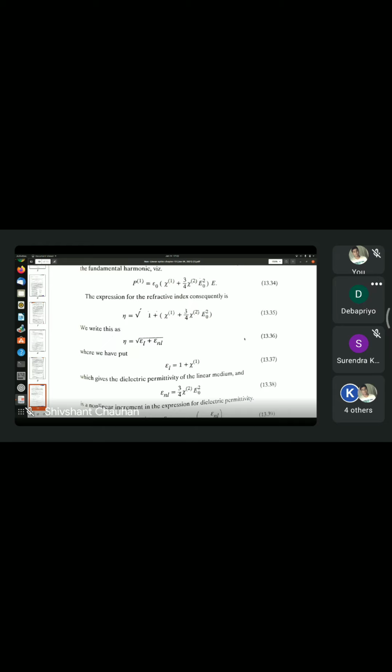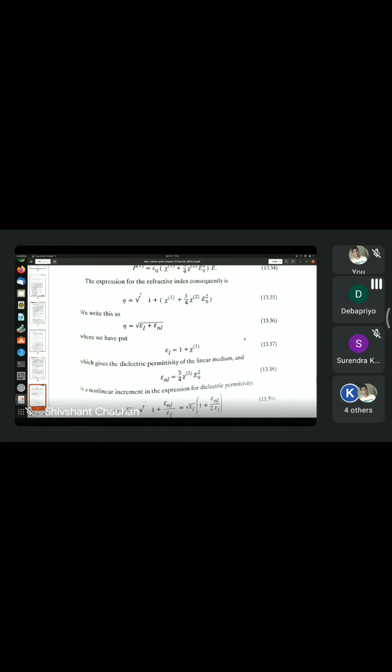So what they actually mean is that epsilon L and epsilon NL are the quantities that you obtain by dividing epsilon by epsilon 0. They have not written epsilon 0, but it should be there. So whatever is written as epsilon L is actually epsilon L by epsilon 0. Similarly, epsilon NL is epsilon NL by epsilon 0. To be absolutely correct, you should write like this.